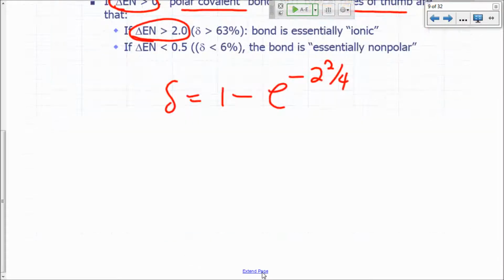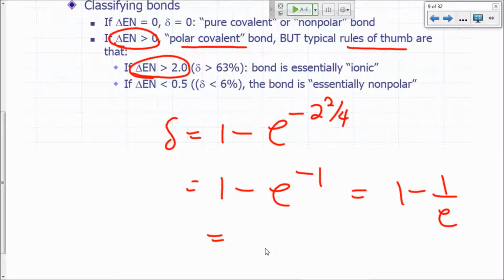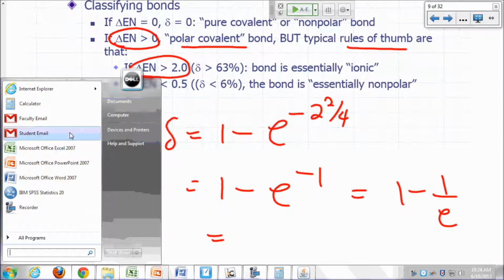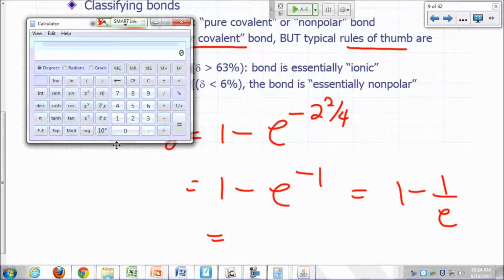If the difference is 2, so that's 1 minus e to the, what's 2 squared over 4? 1, right? So what's 1 minus e to the negative 1? That's 1 minus 1 over e. So how do I get e to the negative 1 on my calculator?